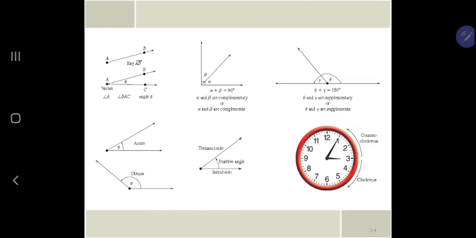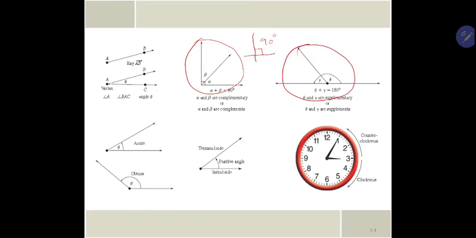Okay, so here are three kinds of angles that we will be talking about. We have a 90 degrees angle, which we call a right angle. This is like this 90-degree angle. And then there are some angles which are less than 90 degrees, like this one. And there are some angles which are more than 90 degrees, as you can see here.